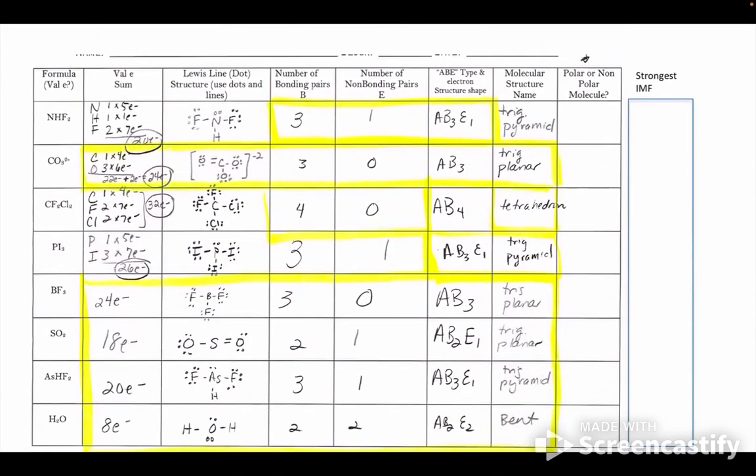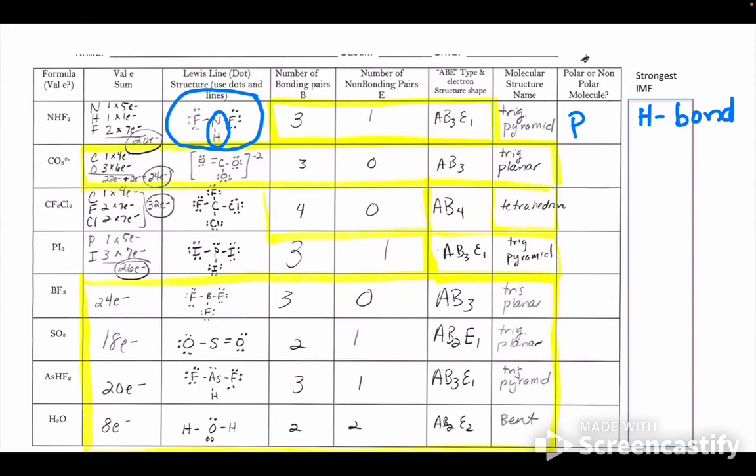So if we look at this worksheet, for example, we can do a couple. Here, remember that's trigonal pyramid, so we know it's polar, and then we ask ourselves, does it have hydrogen bonded to N, O, or F? It does. So a hydrogen bond would be its strongest intermolecular force.